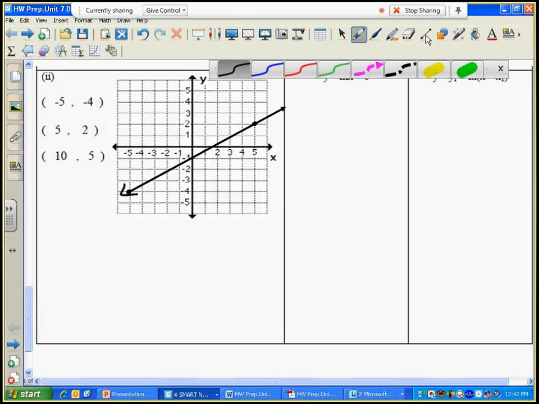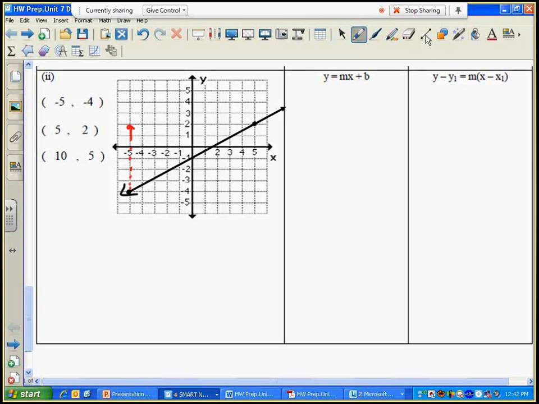Okay, but I can find the slope here by going up 6 and right 10. That, of course, reduces down to 3/5. So there's my slope.